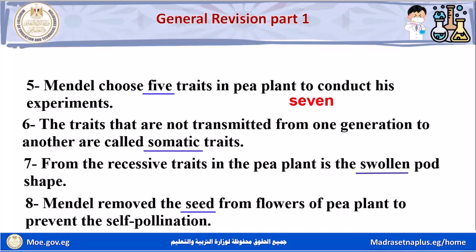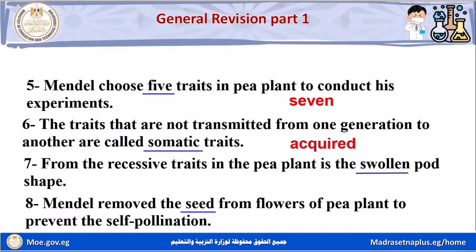Question number 6. The traits that are not transmitted from one generation to another are called somatic traits. The traits that are not transmitted from one generation to another are called acquired traits.